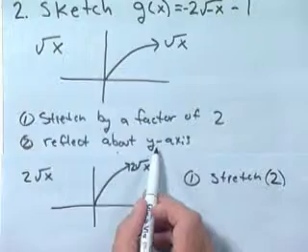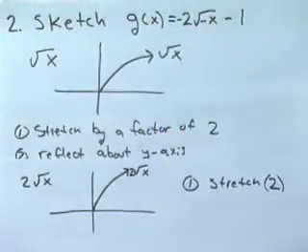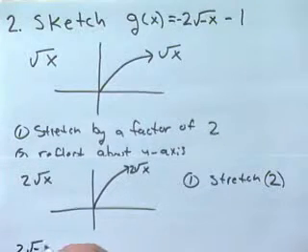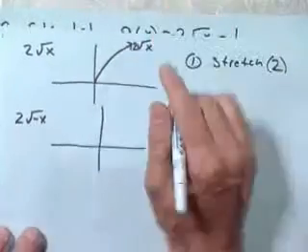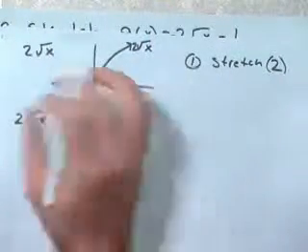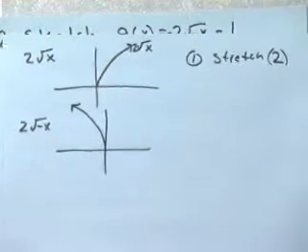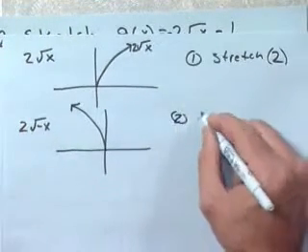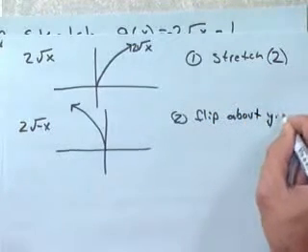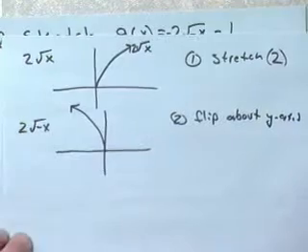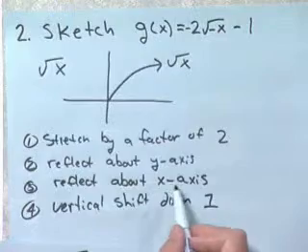The second one, the inside, that's going to reflect about the y-axis. So I'm going to take 2 root x and I'm going to flip it about the y-axis. And there I've got it. So flip about y-axis. Okay, we're moving along. Now I want to reflect about the x-axis.